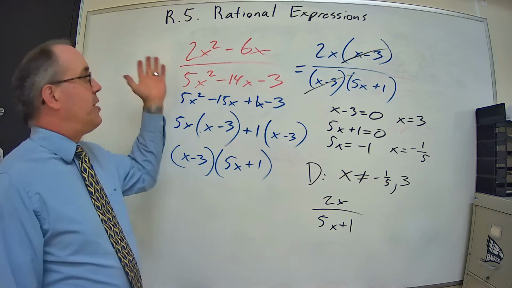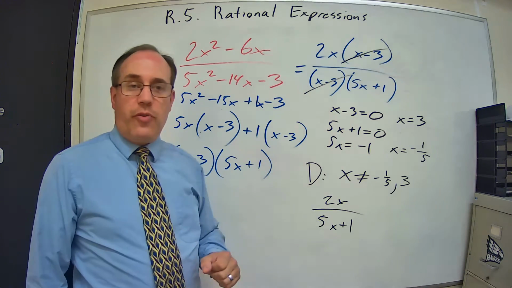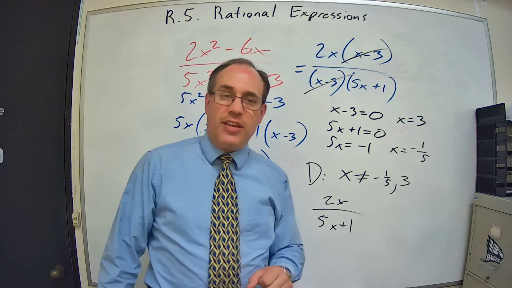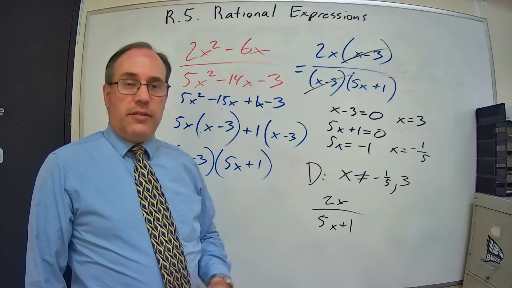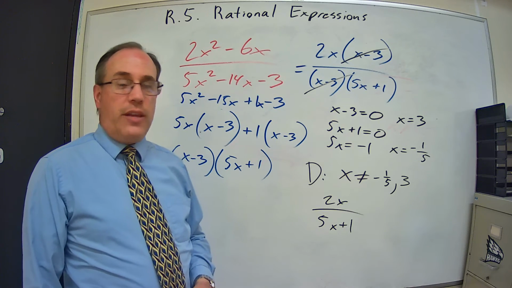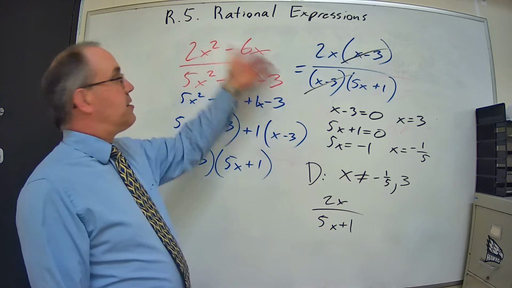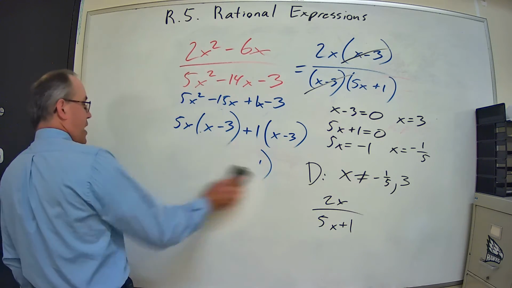So just factor it. Determine what values will make your denominator equal to 0, and that's going to be your domain. You're not allowed to have it equal to those values. And then cancel out any in common. So there we go. So that's simplifying. Well, let's go into some other things that we can do with these rational expressions.